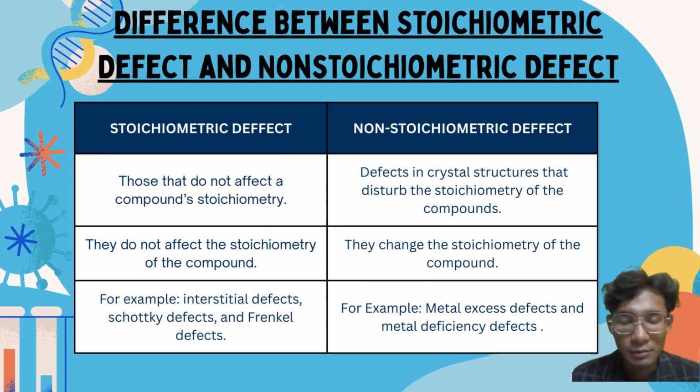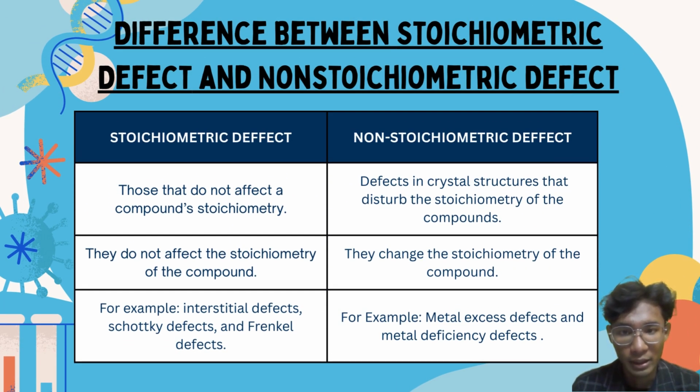For the differences between stoichiometric defect and non-stoichiometric defect. Stoichiometric defects are imperfections in the crystal that do not change the chemical composition of a compound. Although atoms or ions may be missing or displaced within the structure, the ratio of cations to anions remains the same.